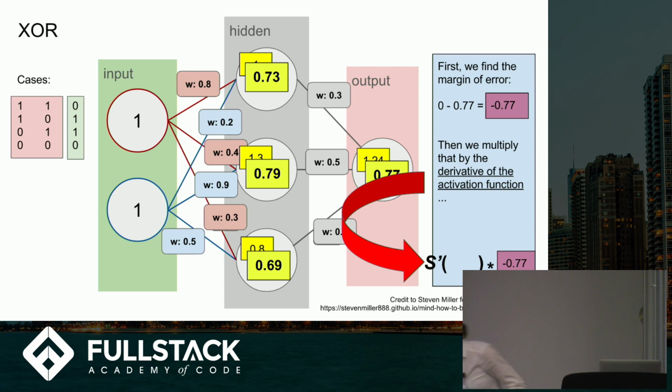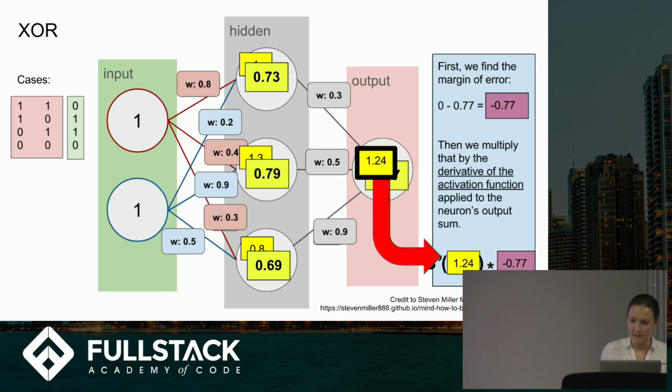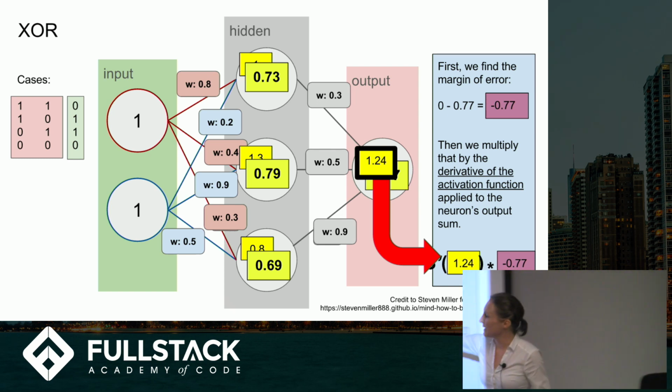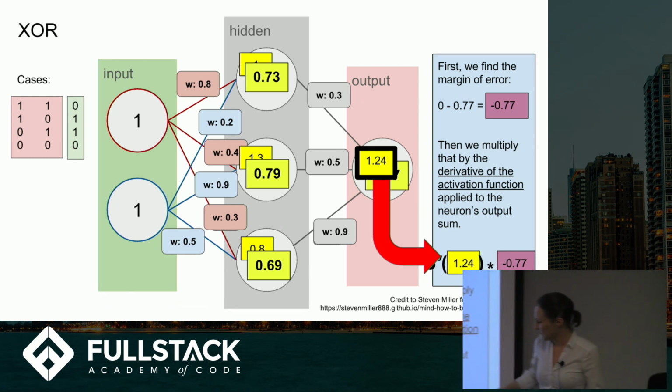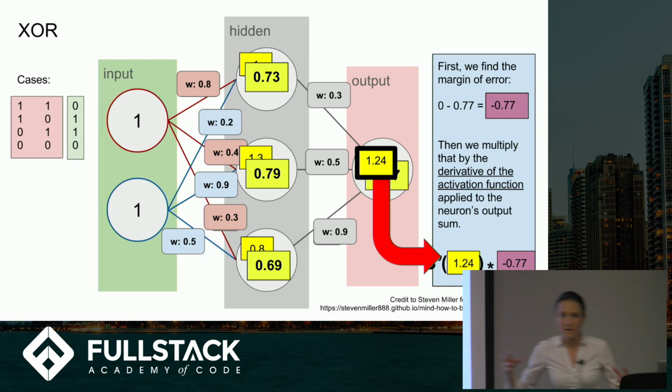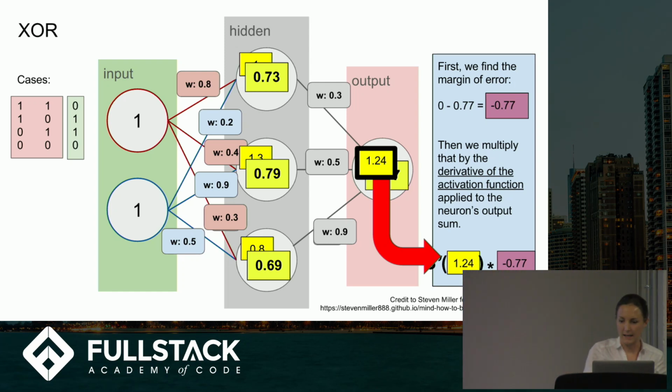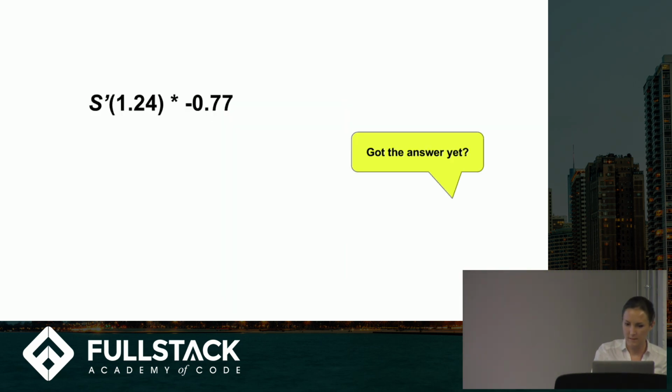So that's why we got an S with a little comma. And we apply that to the neuron's output sum. So this number, before the activation was applied, that's the number that we throw in here and squash it, and then times it by the margin of error. So what does that give us?